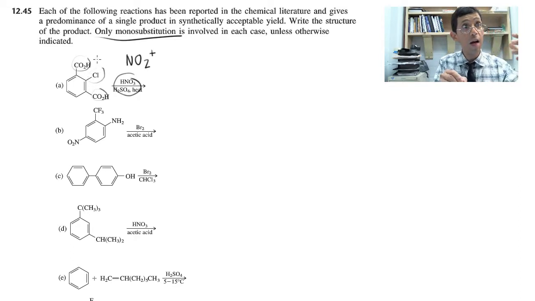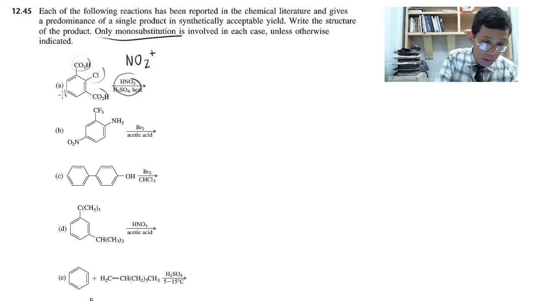Whenever you have different substituents, the least deactivating substituent will determine the regioselectivity of the substitution. Since chlorine is ortho-para-directing and the ortho positions are taken, the NO2 will go to the para position.